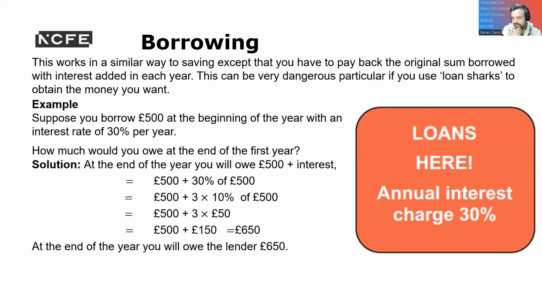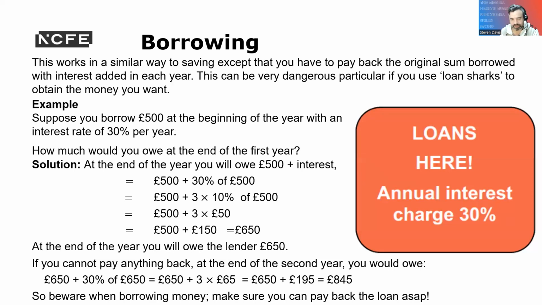So £150, and then you add the £150 onto the 500. So that means you would then owe the lender £650. If you cannot pay anything back at the end of the second year, you would then owe the 650 plus 30% on top of that. That then equals 845. So be aware of borrowing money and make sure you can pay back the loan ASAP.